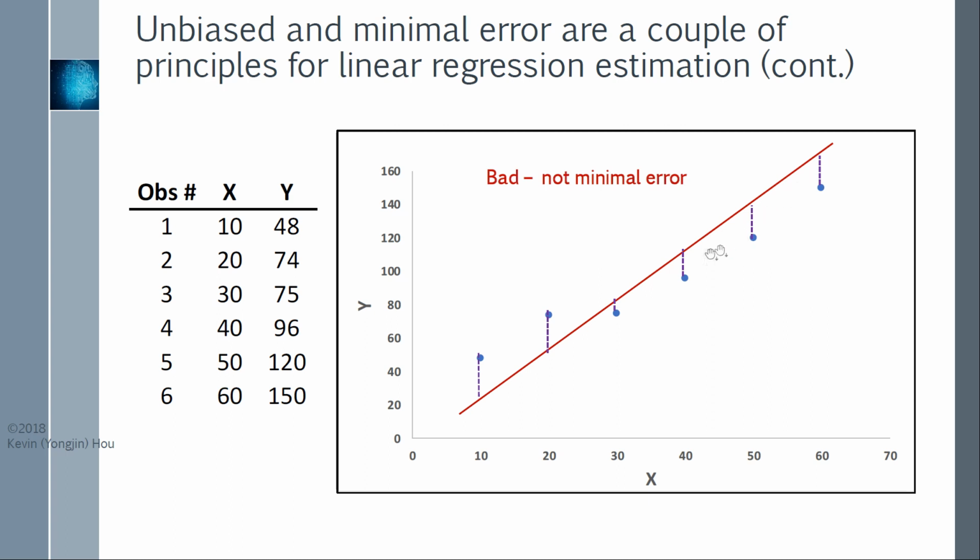Looking at this line here, we can sense that if we anchor the line here and rotate it a little bit clockwise, we can imagine a new line probably can make the predictions better, meaning the new line's predictions are closer to actuals. So that's why this line is not the best either, because it's not producing the minimal prediction errors.